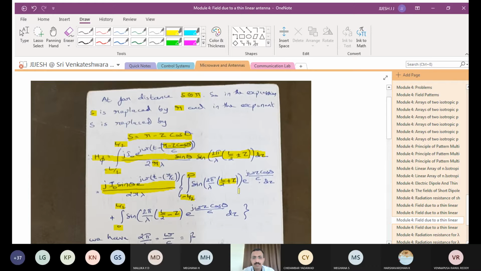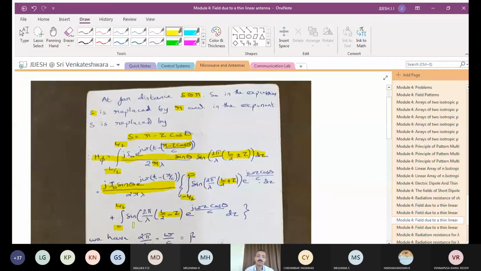So when you take these constant terms outside, the leftover terms will be sine of 2 pi by lambda times L by 2 plus Z. You should be careful here. When it is minus L by 2 to 0, you have to write L by 2 plus Z. When it is 0 to L by 2, you need to write L by 2 minus Z. So what you get is, with the constant terms taken out, the integral from minus L by 2 to 0 of sine of 2 pi by lambda (L by 2 plus Z) e to the power of j omega Z cos theta by c dz.